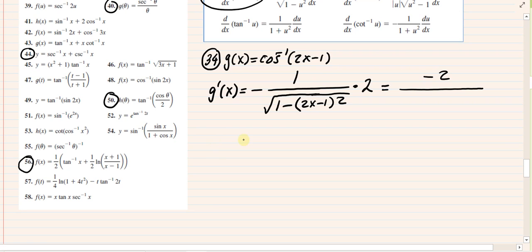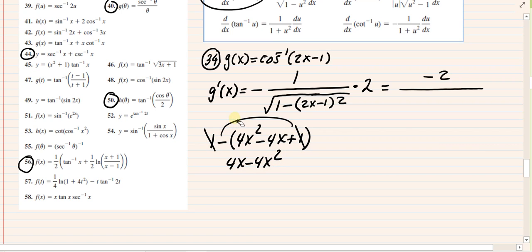When I square the binomial in the radicand, this becomes negative 4x squared, negative 4x plus 1. And then distribute, we get 4x minus 4x squared. The 1 and negative 1 add to 0. I can factor a 4, so it's going to be 4 times x minus x squared.